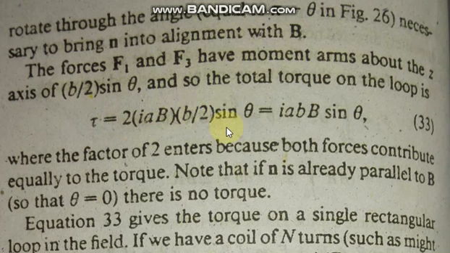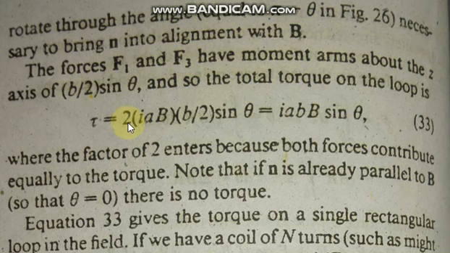This is a general case if R and F have any angle theta between them. Here they are perpendicular in this particular case, but maybe there is some other angle theta between R and F, so this is the generalized case. IAB is the force, and this is the moment arm, and we have R into F sine of theta. The 2 occurs for the two sides 1 and 3.